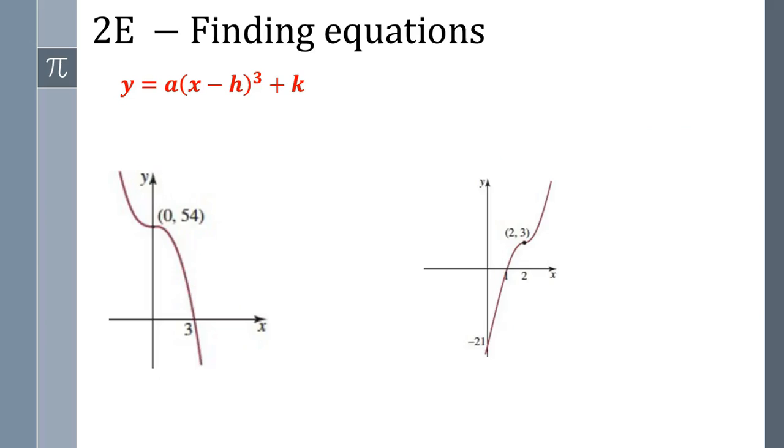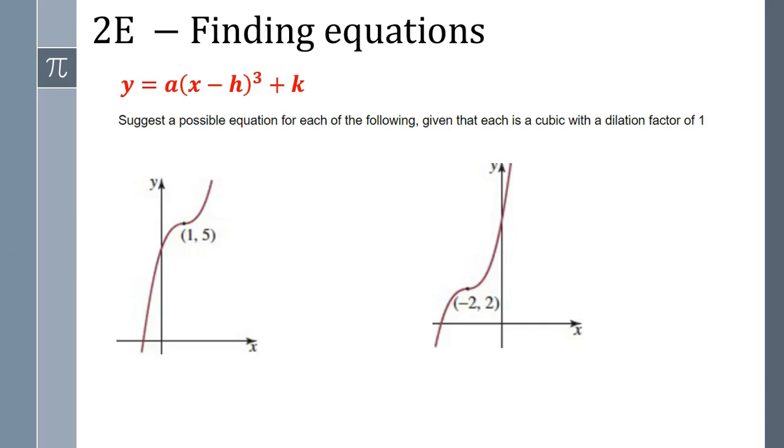The next two that I'm going to do don't give us the dilation factor, so we've got to find that. We're going to start off by identifying the turning point. In this one, it is at (1, 5). Therefore, h equals 1 and k equals 5.